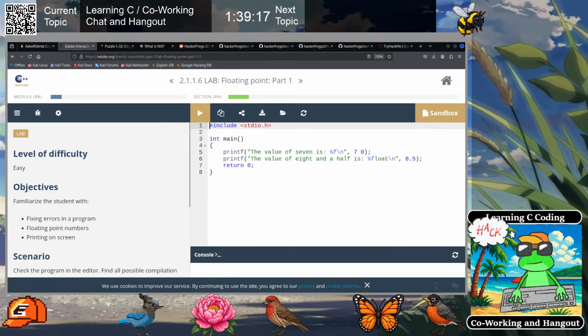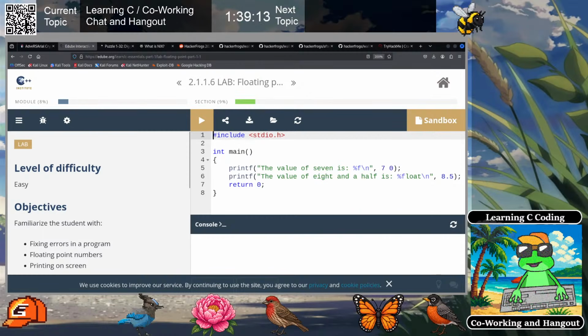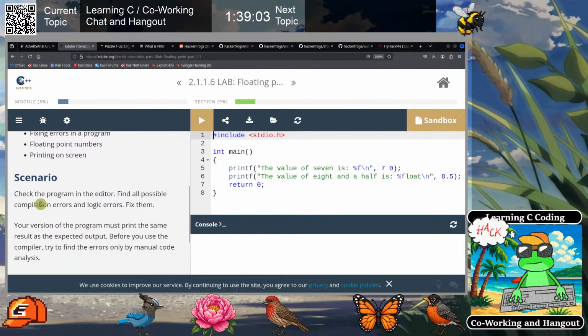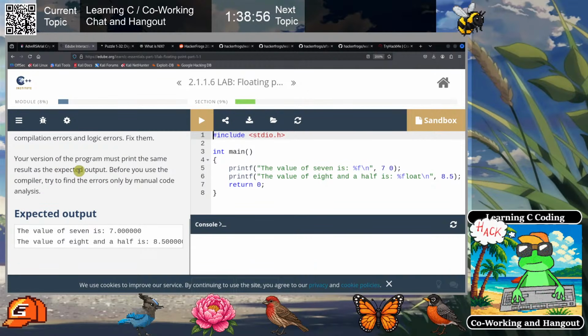Okay, so we've got a little coding exercise here. Level of difficulty easy. Objective, familiarize the student with fixing errors in a program, floating point numbers printing on the screen. So check the program in the editor, find all possible compilation errors and logic errors, fix them. Your version of the program must print the same results as the expected output.